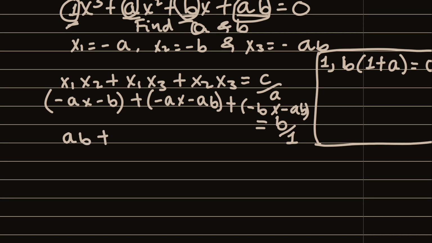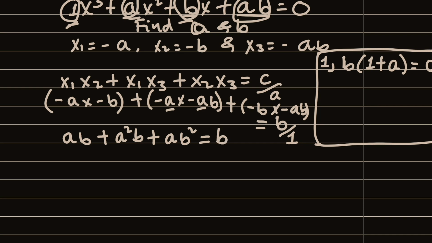Plus minus a times minus ab, it will be positive a squared times b, because a times a is a squared. Plus minus b times minus ab, it will be a times b squared, because b times b is b squared. Equals b over 1, which is b.